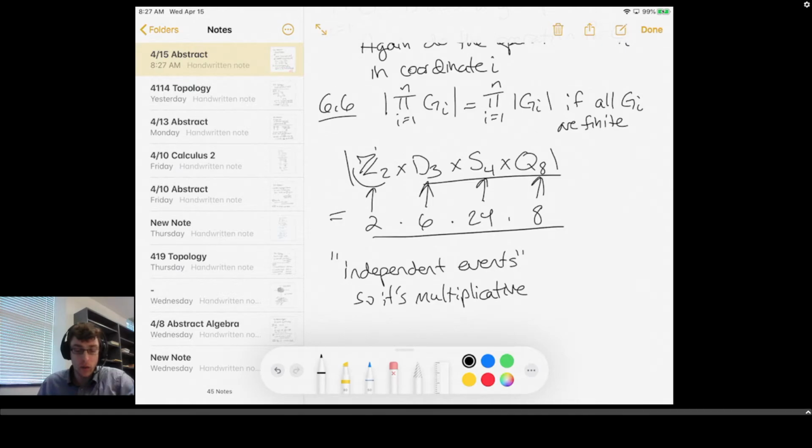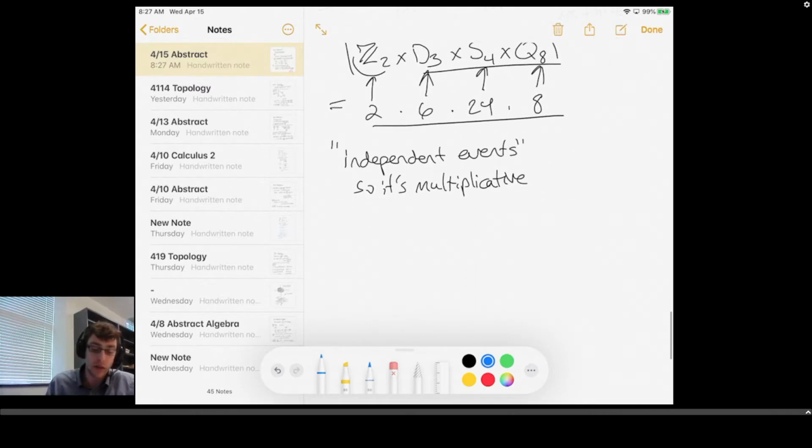And obviously I had a condition here. I said if they're all finite. Well, of course they don't all have to be finite. You could easily have the case of just Z2 cross Z, for instance. One way you can think of this, by the way, is if you had the light switches and a bunch of Z2s.